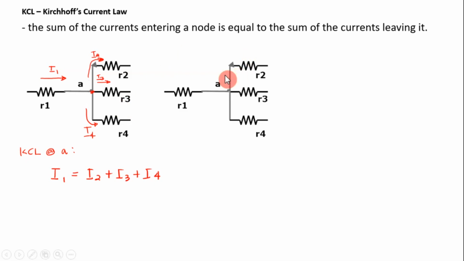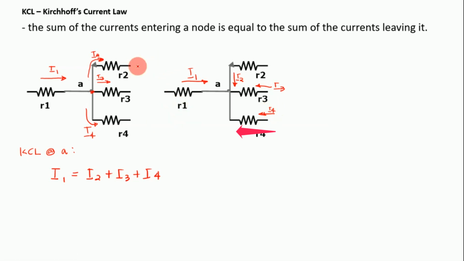Now let's consider another typical direction of the current. For instance, current is going there again. This is I sub 1, and the current here goes to the node I sub 2, and another current for the resistance R3, which is I sub 3, and this one is going to the node also I sub 4.